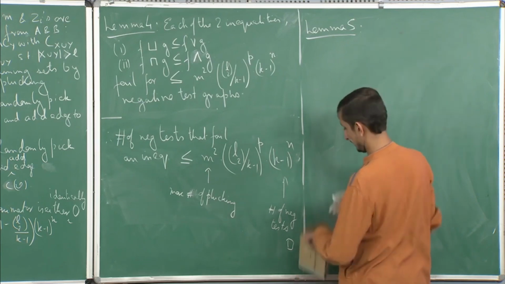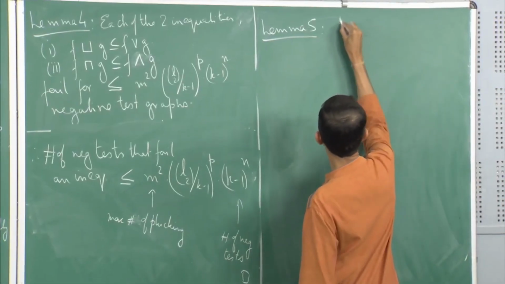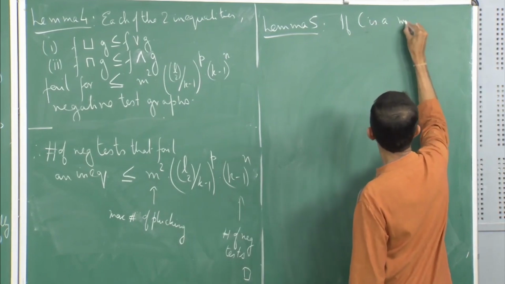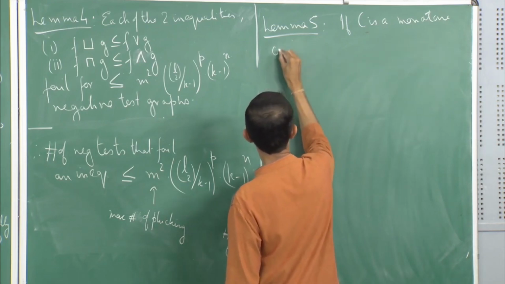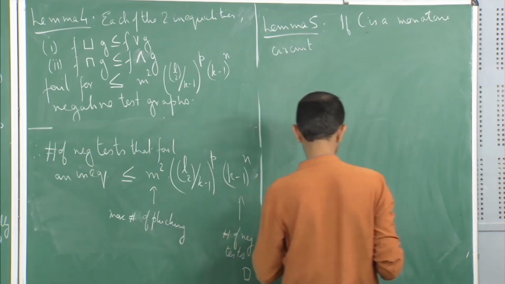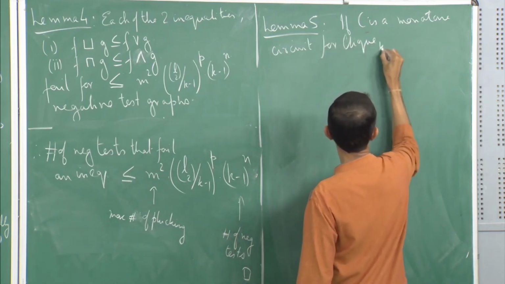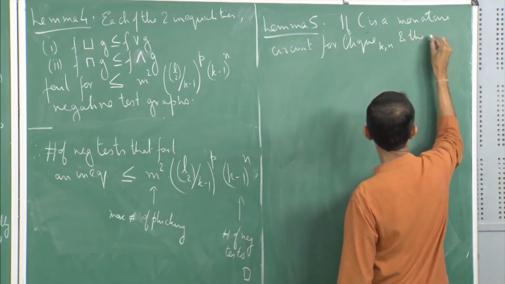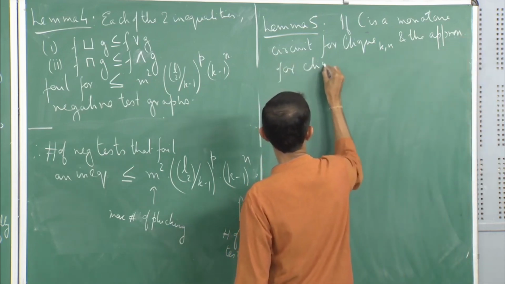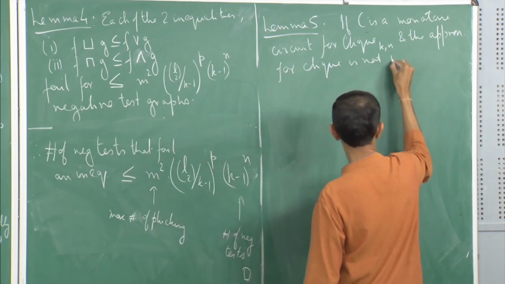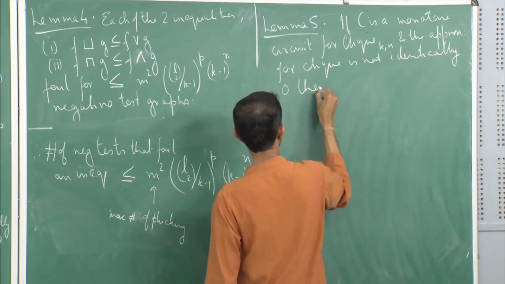So, let C be a monotone circuit for clique Kn, and the approximator for clique is not identically 0.